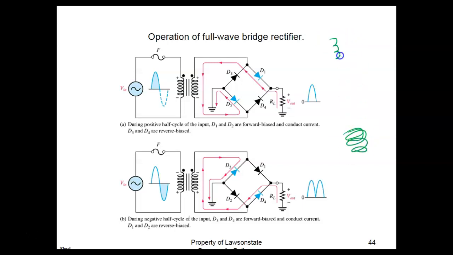So when the magnetic field comes out this direction on this one, it's coming out of this one and goes into that one. So that means when this is positive and negative, then over here this transformer would be negative and positive.